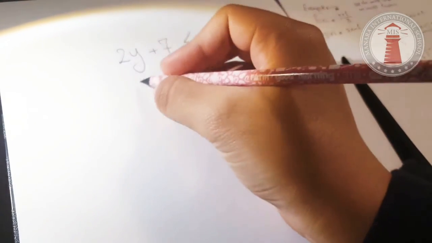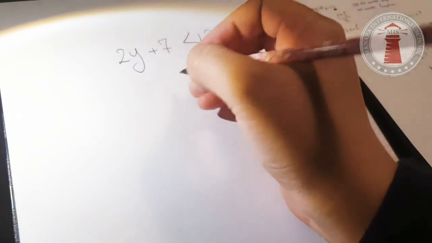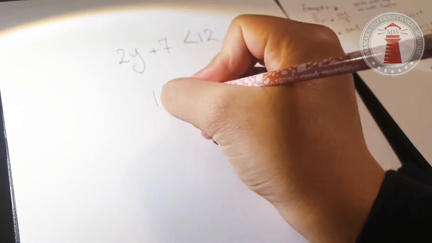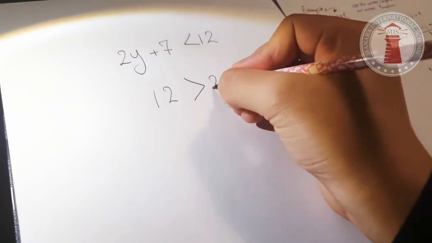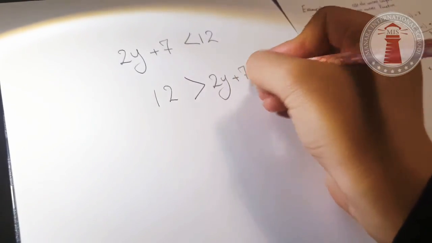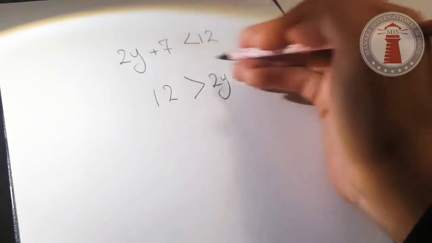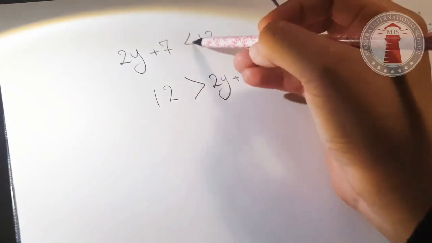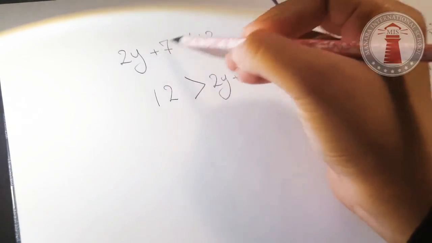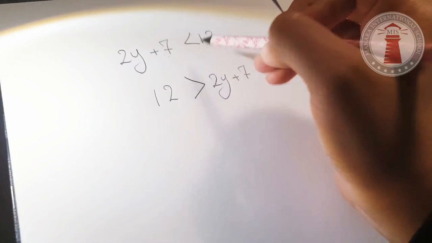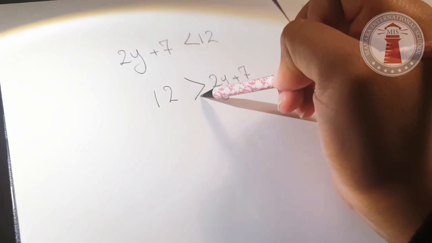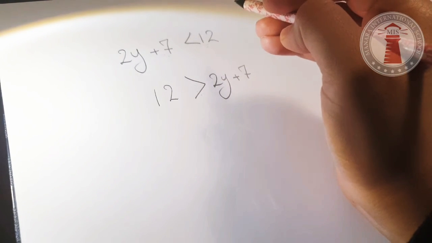Here, for example, we have 2y plus 7 is less than 12. What if we said 12 is greater than 2y plus 7? Here we're describing the same inequality, but by swapping the places, we need to change the direction of the sign. Okay?